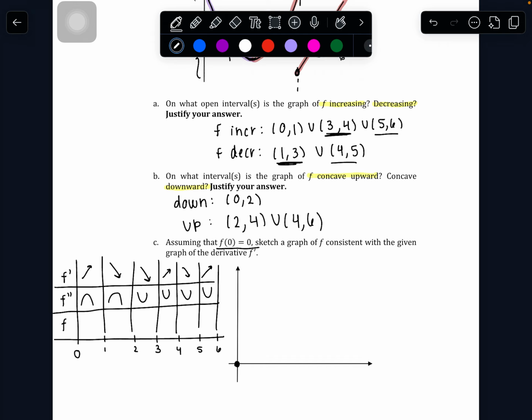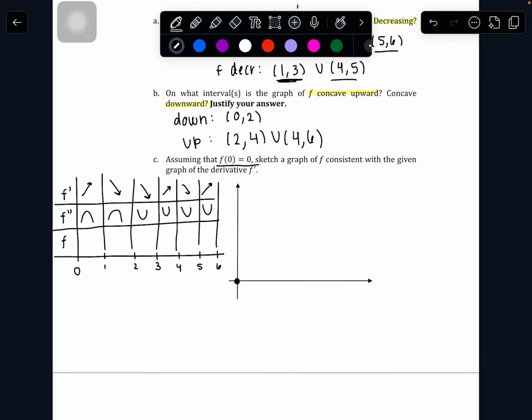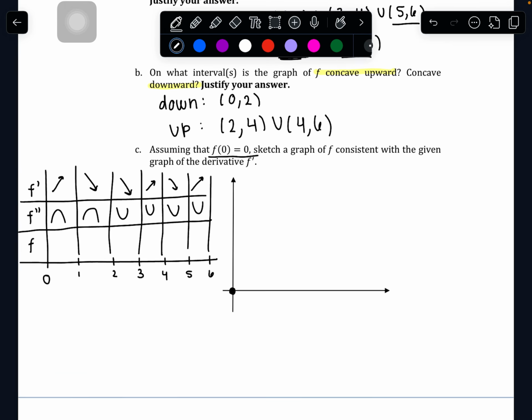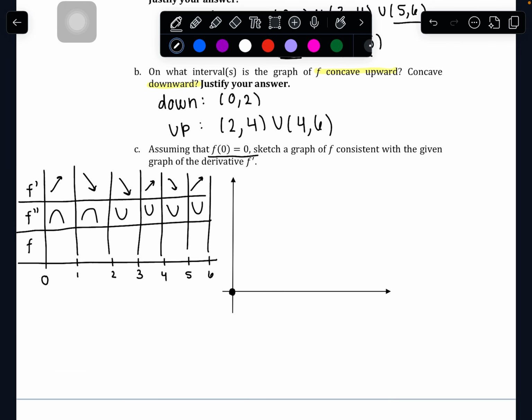Okay, so from here we can get what the shape will look like in all 6 of these segments. So if I'm increasing concave down, I look like this. And then I look like this. To get these shapes, I'm just combining this shape and this shape, right?